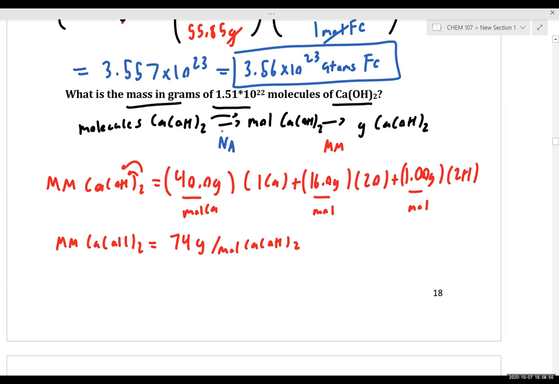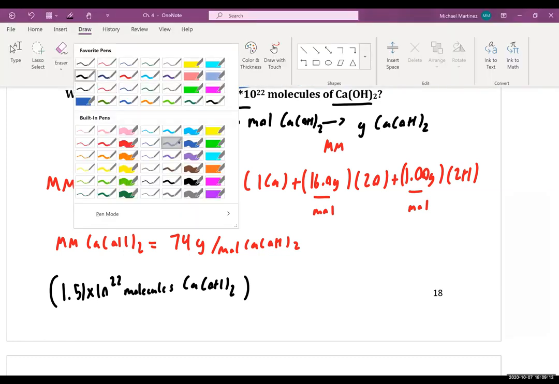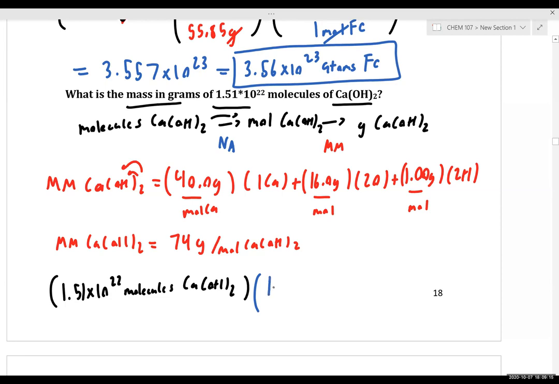So if we want to go from molecules to moles, we write out our molecules. And we know that if we're going from molecules to moles, we want units of moles on top.